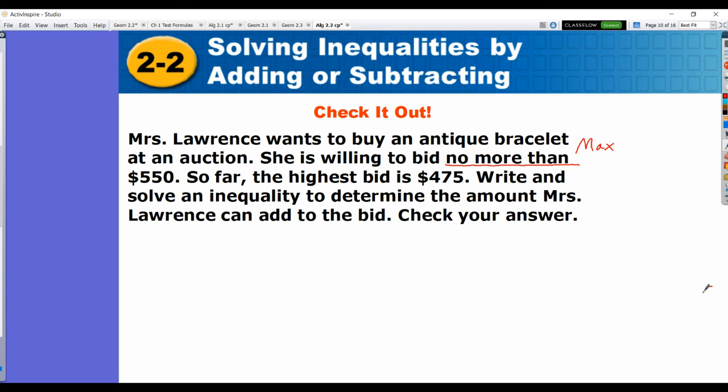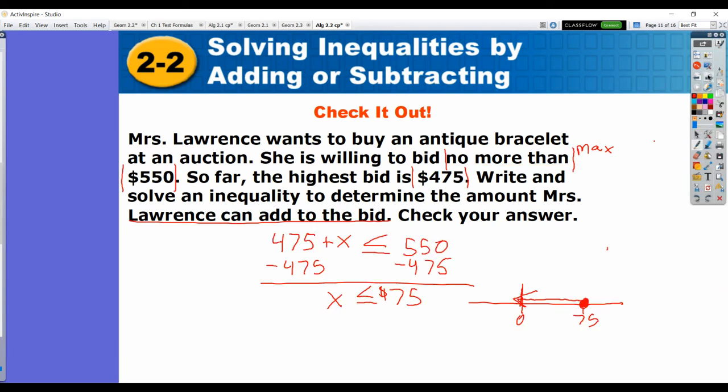All right, let's take a look at what you guys came up with for this. Here's our target number on this side. I'll just fill that in. That's the total that she had to spend. Here is our algebra on this side. What we're saying is the highest bid is $475, plus x.